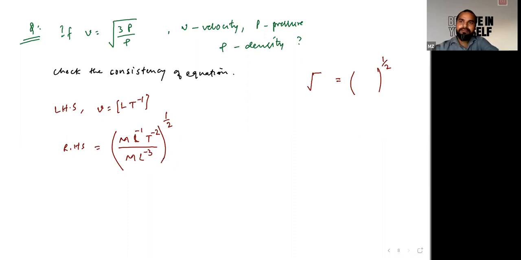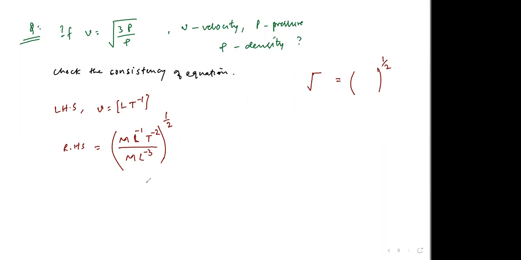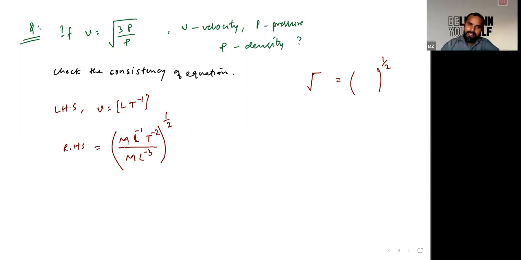Is it clear to everyone? Now just solve. M and M would cancel out. We have L to the power -1 in the numerator and L to the power -3 in the denominator. Bringing this to the numerator, it becomes +3. So we're left with L to the power 2 and T to the power -2, and whole to the power half.